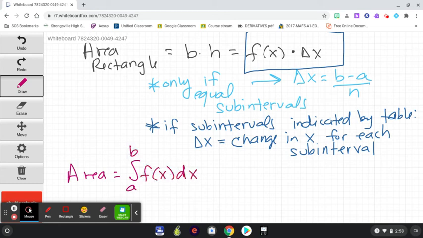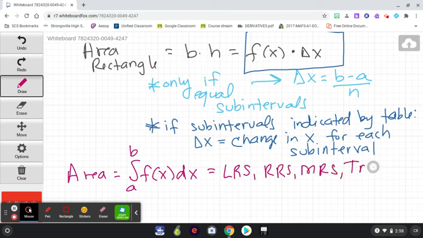Okay, and so all of your Riemann sums are equal to the left Riemann sum or the right Riemann sum or the midpoint Riemann sum or your trapezoidal sum. Okay, all of those are going to be equal to a definite integral, or the definite integral that they give you represents your area calculation.